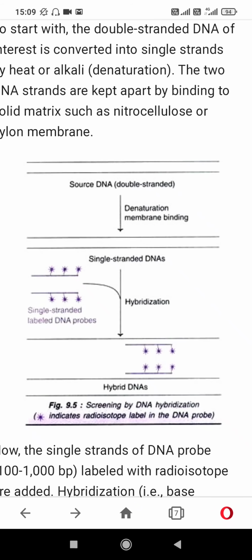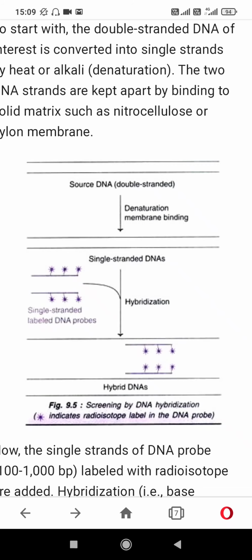We denature it by alkali treatment or by increasing the temperature. Then we allow the single stranded DNA to bind with a solid matrix like a nitrocellulose or nylon membrane.